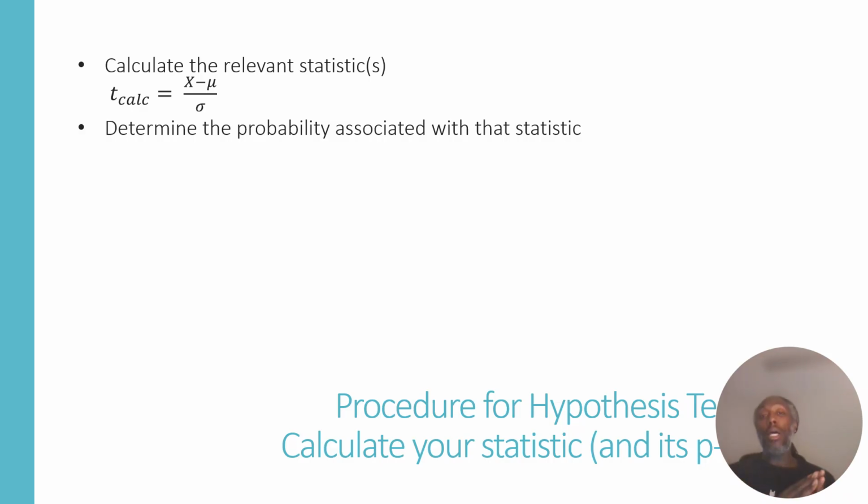If you're using your alpha level for comparison, then you will compare the p-value associated with your statistic with the alpha level that you set before. At any rate, what you're trying to do is see if the values that you got for your statistic or its associated probability are too rare to have occurred by chance alone, too improbable to have occurred by chance alone.